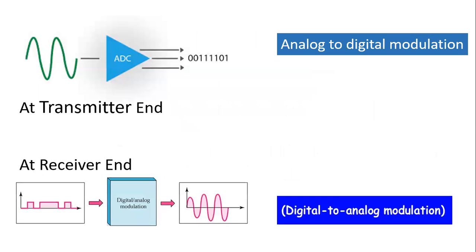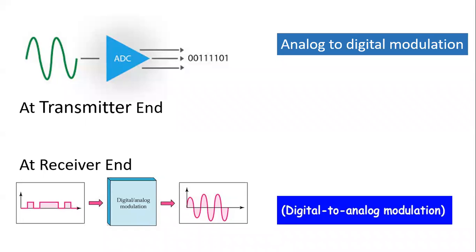Now, after sampling, how is it helping us for the transmission? It helps us at the transmitter end, where we convert our analog signal into digital signals with different mechanisms. One of them we call analog to digital modulation, and at the receiver end we convert the received digital signals back to the original analog signal, and that entire process is called digital to analog modulation.